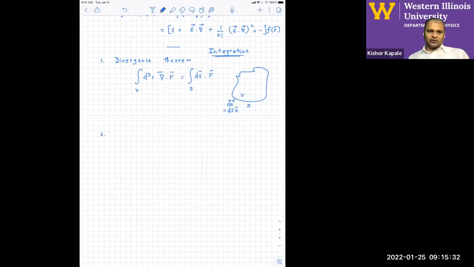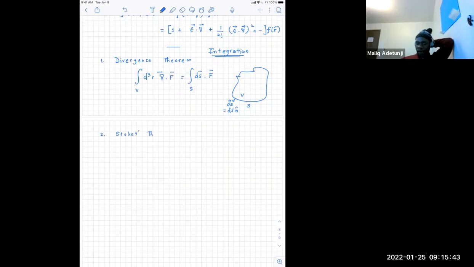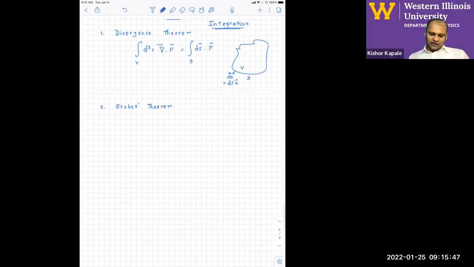And then I want to write down the Stokes theorem, and we will take a look at their properties in the next class. But you need this so that you can start working on your homework. Stokes theorem is naturally going to be related to the vector quantity, which is the curl of f.